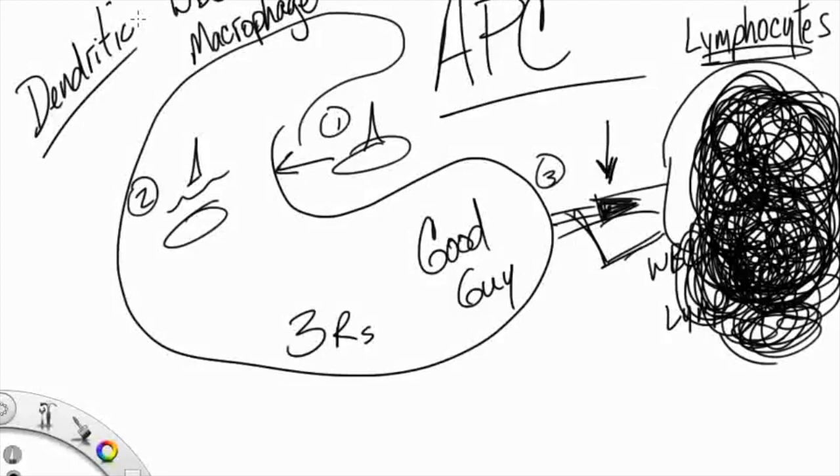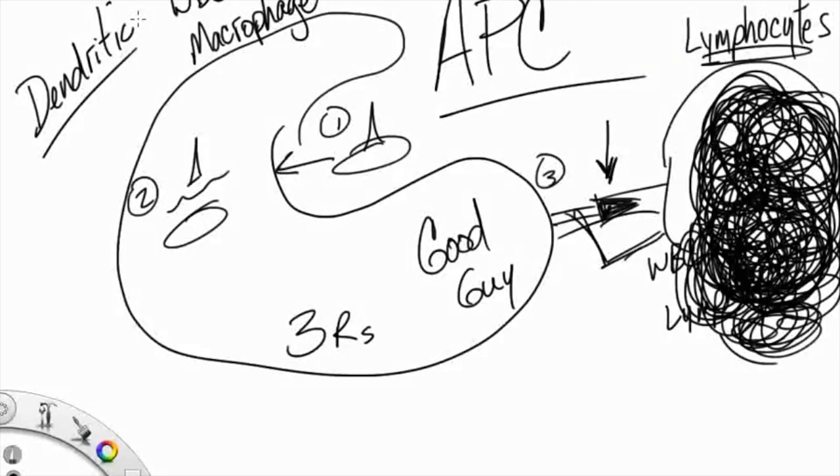Dendritic cells are another group of white blood cells. They're called dendritic cells because they have long arms. They are the most common antigen presenters.